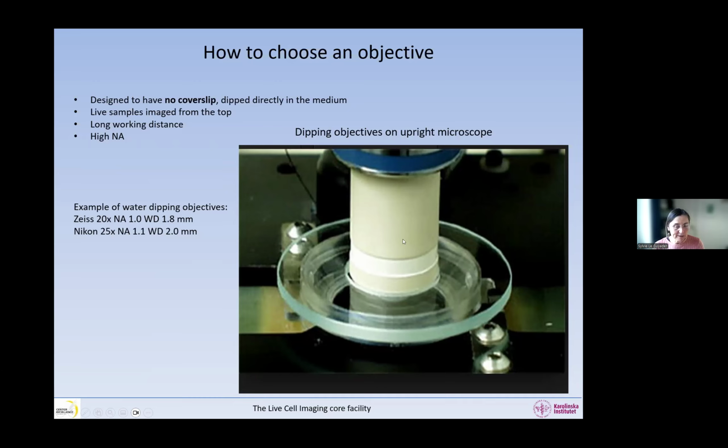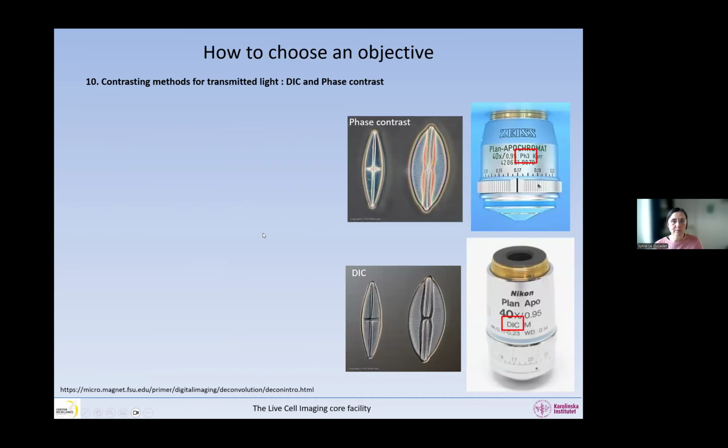They are often white like that, or maybe always white, instead of being a metal barrel. So these are two examples, and you can see here an objective like the 20x objective with really high numerical aperture and 1.8 millimeter working distance. So this is a very long working distance, and also a Nikon one that is 2 millimeters, so really long working distance.